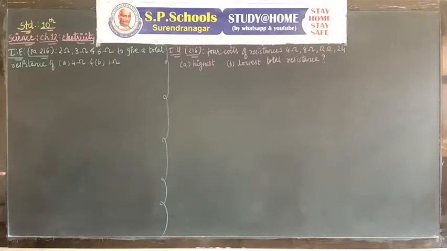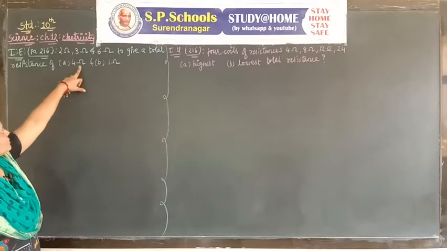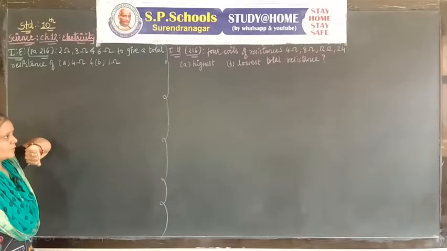We have three resistances. Values of resistance are 2, 3 and 6. We arrange them either in parallel combination or in series combination, and we find total resistance 4 ohm and 1 ohm.